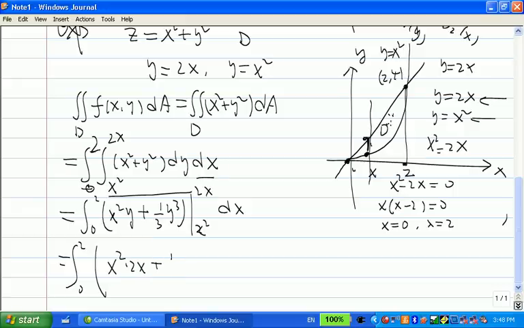Then plus 1/3, you have y there replaced by 2x, so you get 2x to the third. Then subtract, same thing, replace y by x squared. So you get x squared times another x squared, plus x squared to the third. This whole thing is the integral about x.